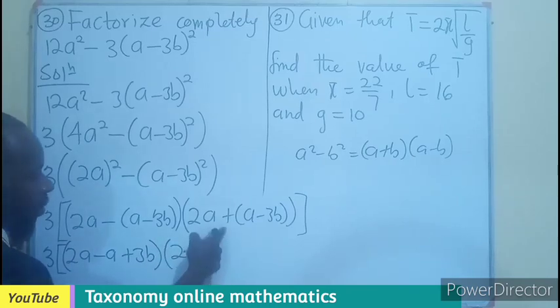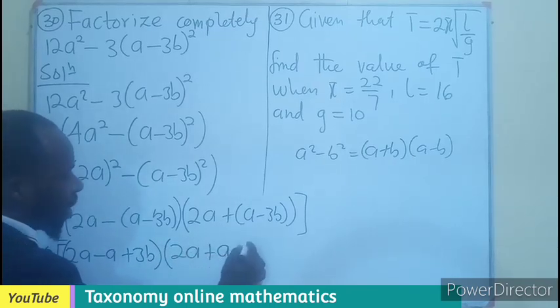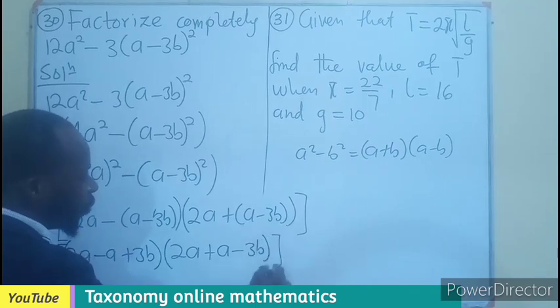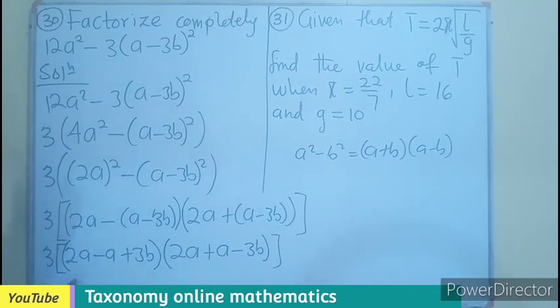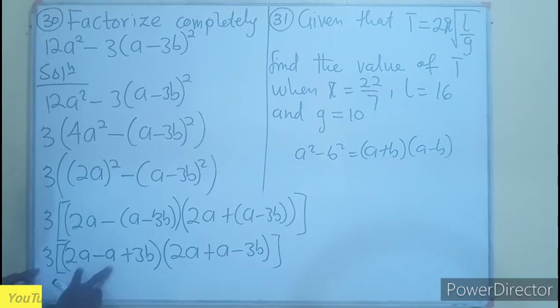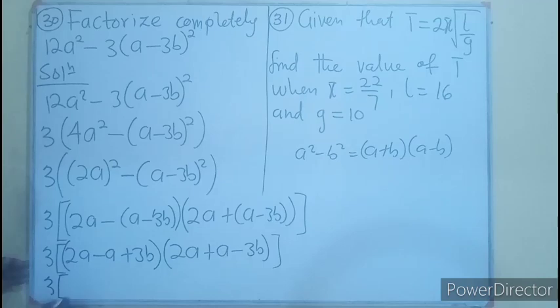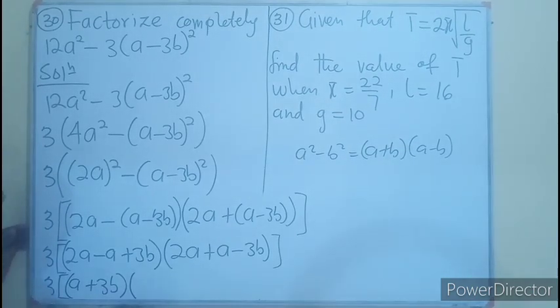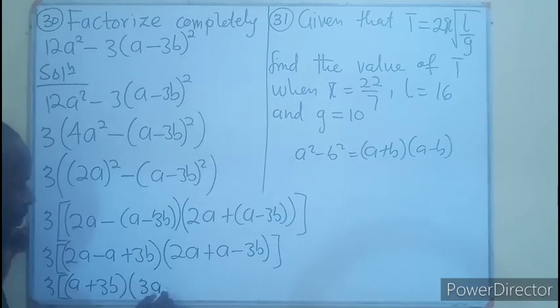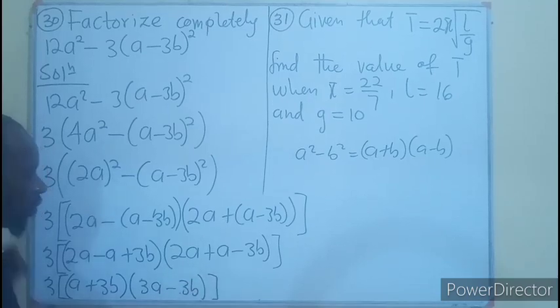Then 2a plus a minus 3b, then we enclose that bracket. So we can compute to have 3 in the bracket, 2a minus a will just be a plus 3b, bracket close. You open another bracket, 2a plus a will be 3a minus 3b. Then we enclose this bracket.